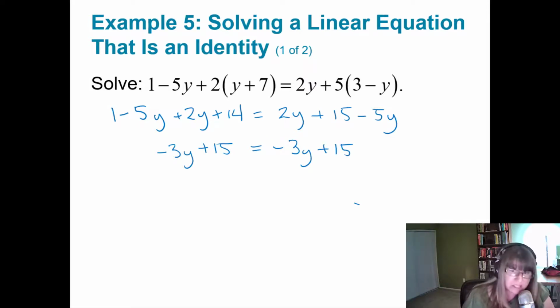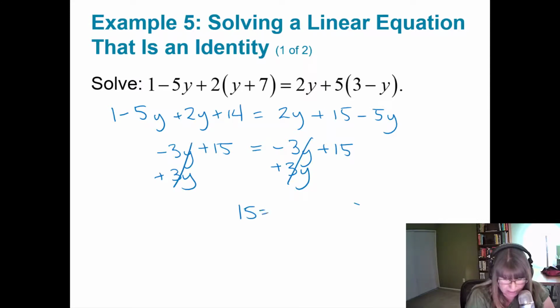At this point, you can stop because the left-hand side equals exactly the right-hand side. But I'm going to continue one more step. I'm going to move the 3y from one side to the other, so you can see that 15 equals 15.